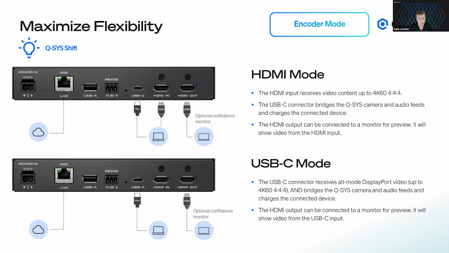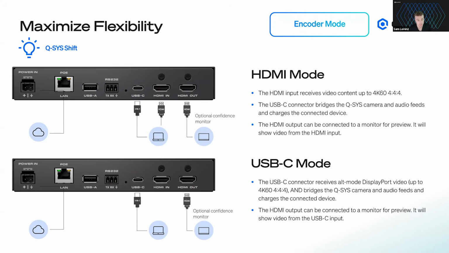So in encoder mode, you have some options here. Similar to our NV32, if you're encoding one stream, you are able to get that 4K 60 content while still having the HDMI out as a local output, whether it's to a confidence monitor or any content ingest into a conferencing compute.